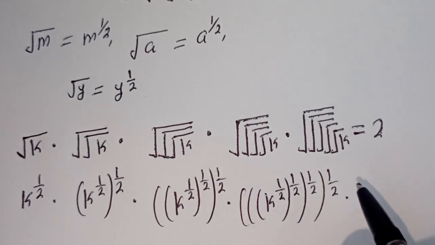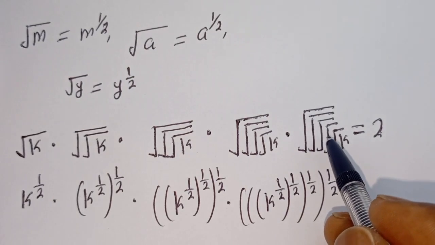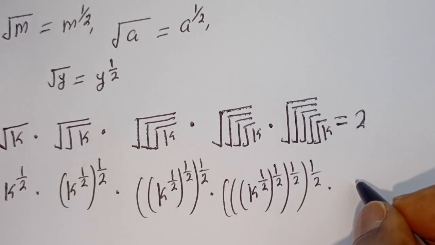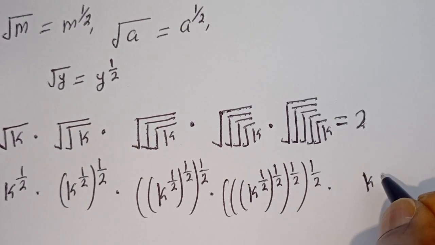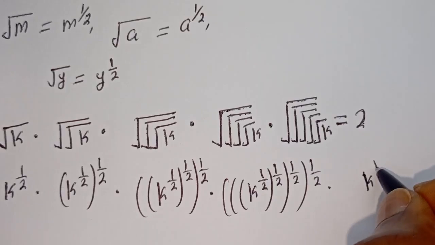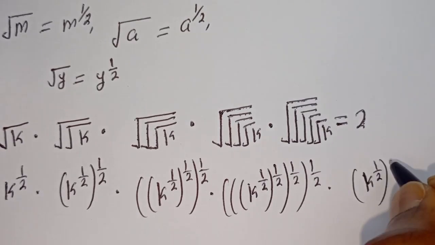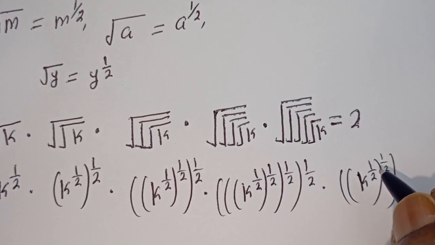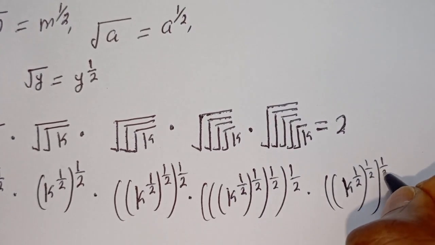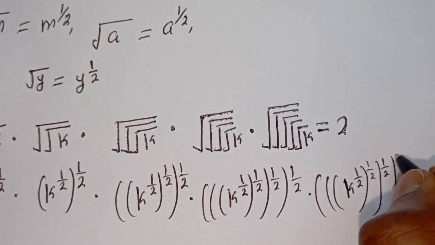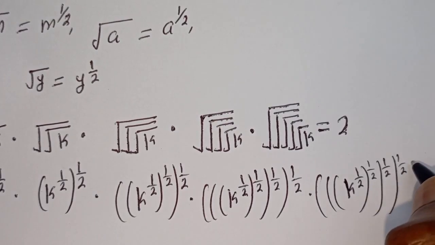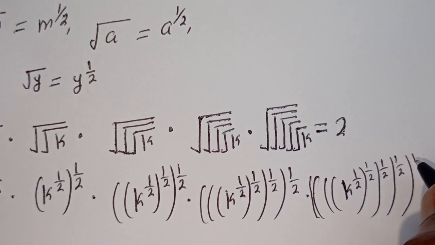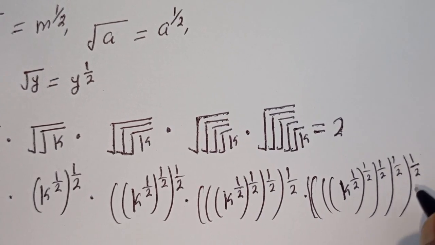Multiply by 5 square roots: k to the power of 1 over 2 to the power of 1 over 2 to the power of 1 over 2 to the power of 1 over 2, and the last one to the power of 1 over 2.